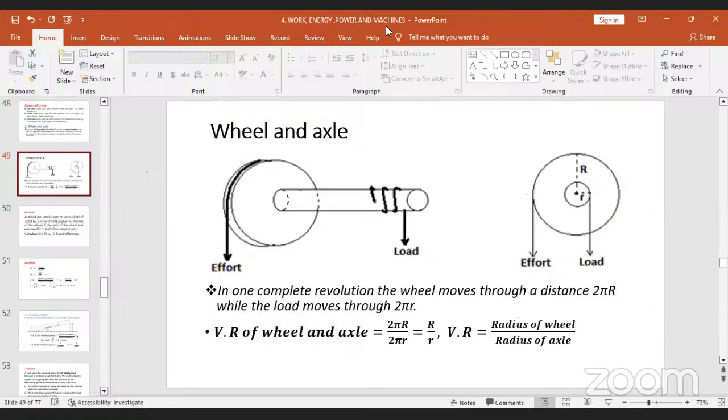Now, when we look at a wheel and axle as a machine, we have two wheels: the large wheel where we apply effort, and the small wheel where we apply the load.